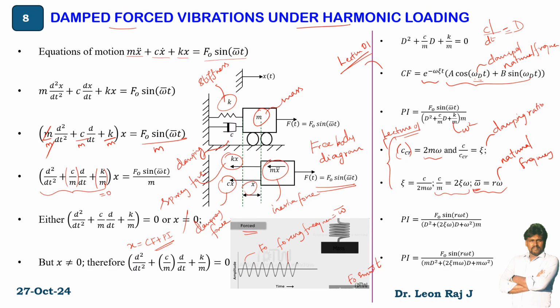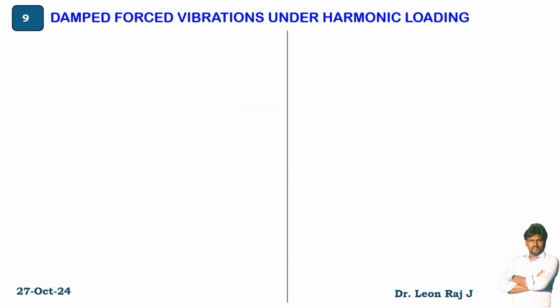Again you are rewriting this, multiplying this m inside. The denominator looks like m d square plus 2 m omega xi into d plus m omega square. m omega square is nothing but k, m equal to k by omega square, so omega is equal to square root of k by m.